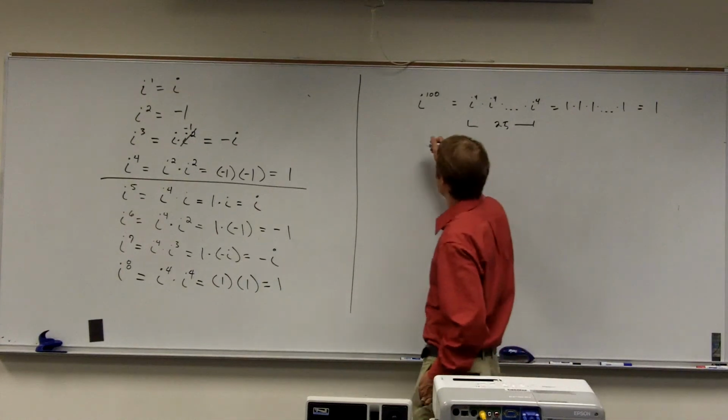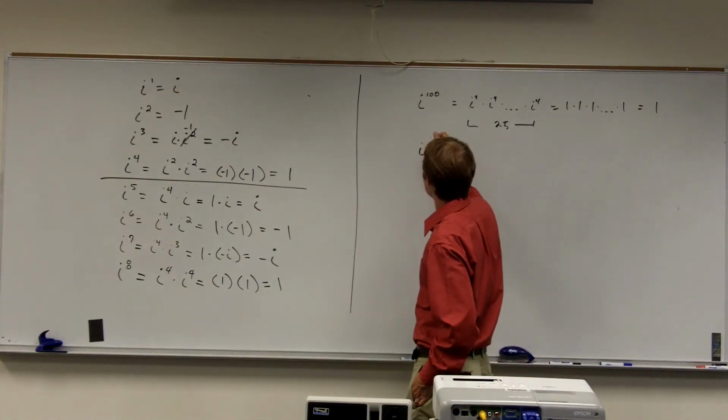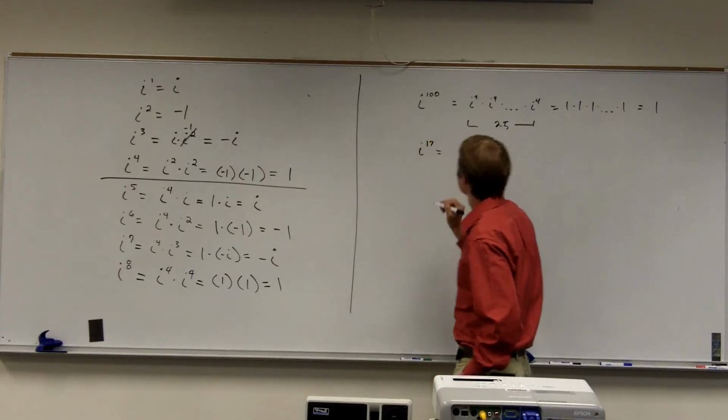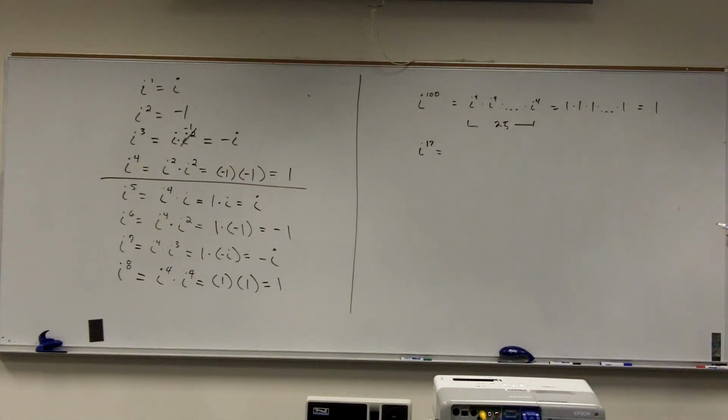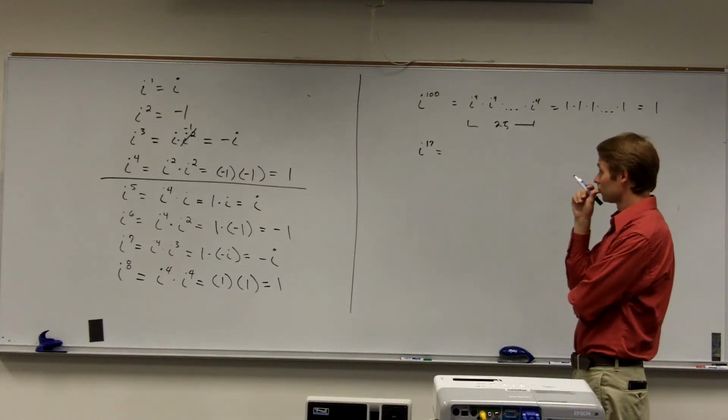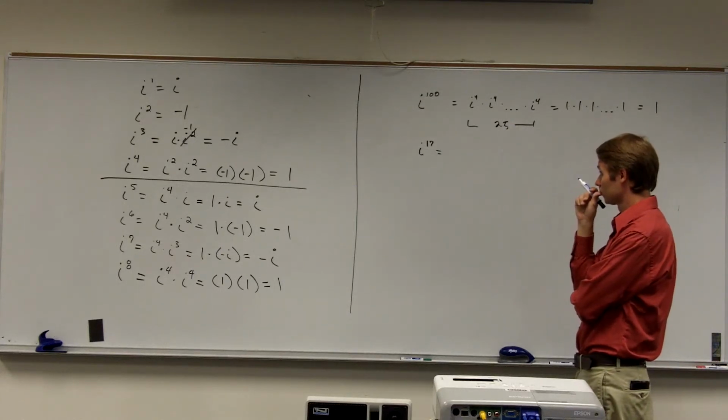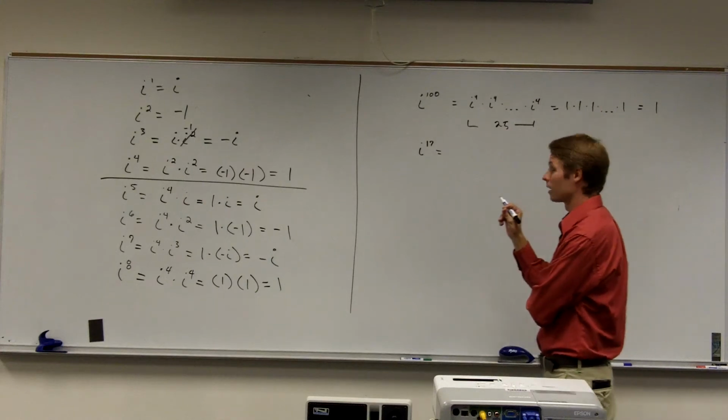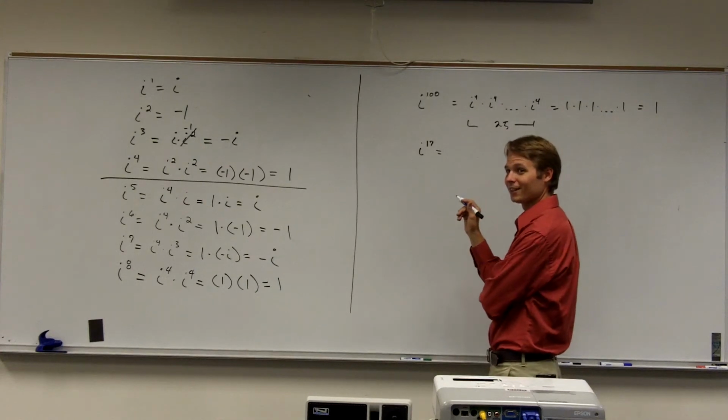What about I to the 17th power? It's going to be odd, and I'm going to go with it's going to end up with I. So why do you think that? Because it's not divisible by 3.